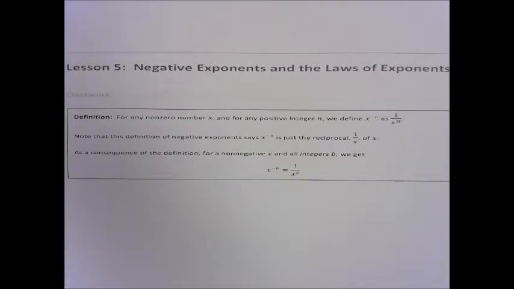Now, if you take a look at this, the definition of a negative exponent is just the reciprocal of x. So instead of it being x, the reciprocal is 1 over x. So what you're actually going to be doing is taking that negative exponent and doing away with it by taking the reciprocal of the variable.